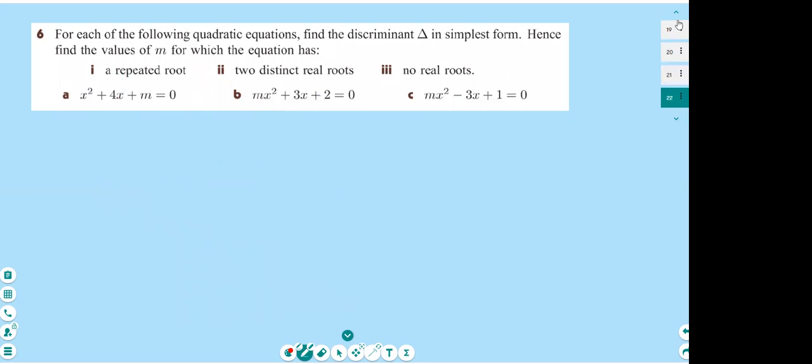For each of the following quadratic equations, find the discriminant in simplest form, hence find the values of m for which the equation has a repeated root, 2 distinct real roots, or no real roots.